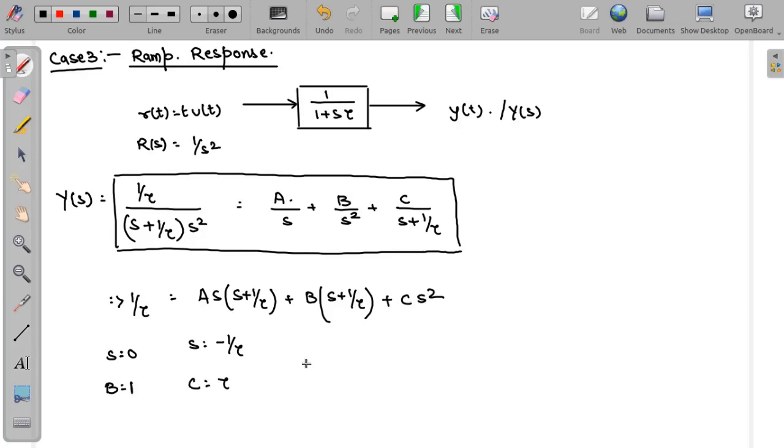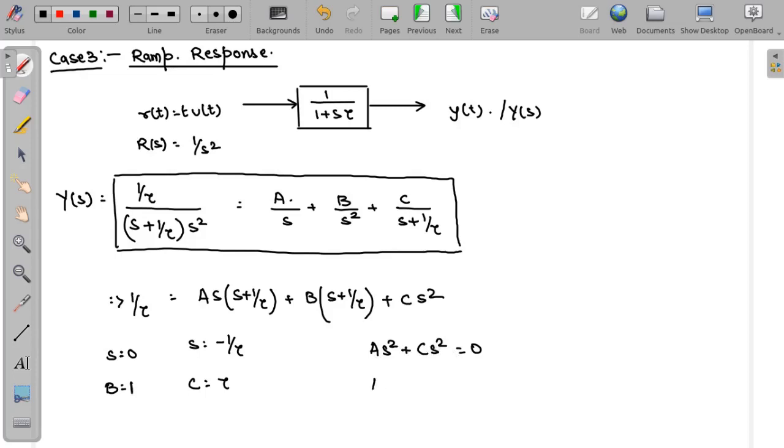Next, over here see, this will be A s square plus A s by tau plus B s plus B by tau plus C s square. Now if you compare both sides, A s square plus C s square should be equal to 0, because here there is no coefficient for s square, so here also there should be no coefficient.